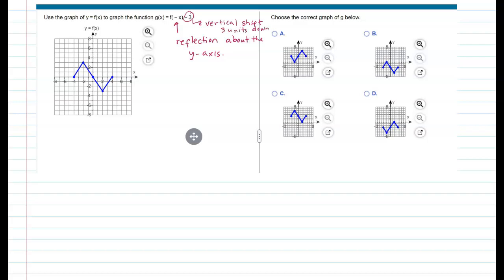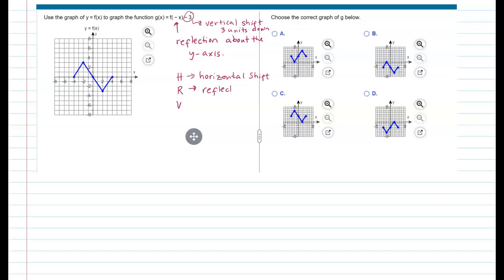Now, if you have multiple transformations, you would have to follow this hierarchy here. H, R, V. So that means you do horizontal. If there is like horizontal shift or translation, you do that first. The next would be the reflections.